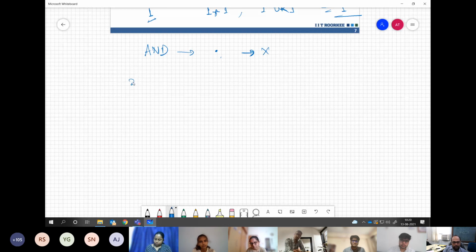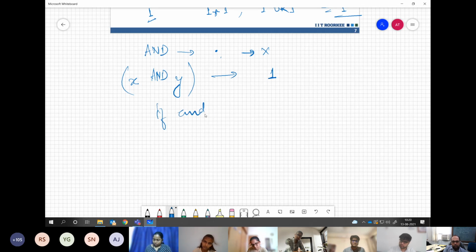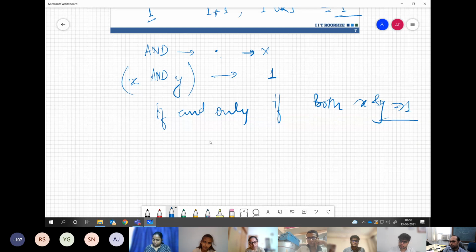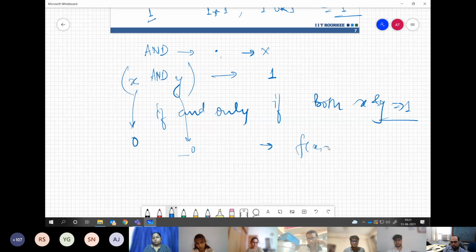So we can say that the output of this is true if and only if both x and y are true. Getting my point? Which means even if any one is 0, our output is not true. It's going to be 0.